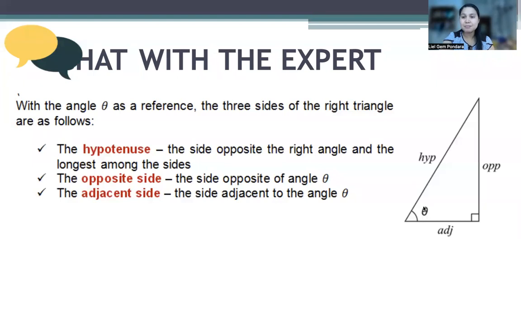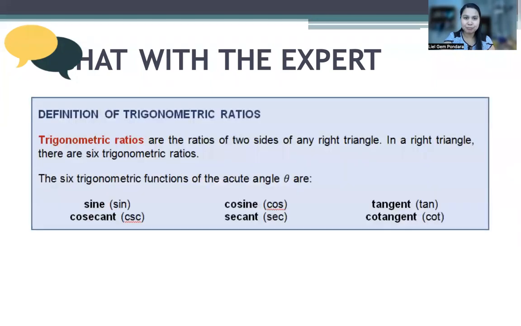So theta, the opposite side of the angle theta is called the opposite side. The side beside it is called adjacent. And the slant part, the opposite of the right angle, is called the hypotenuse.